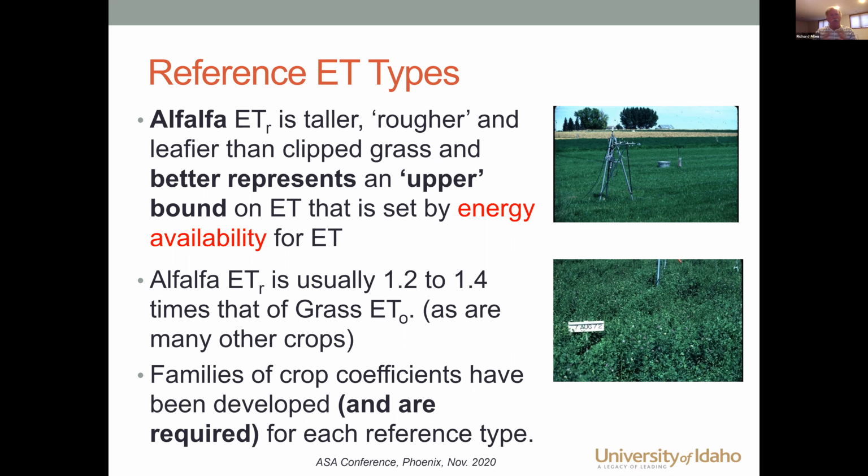Plants cannot just magically push vapor into the atmosphere. It has to be pulled, and there has to be some mechanism inside the leaf to convert the liquid that comes up through the stem into a vapor, and that takes a substantial amount of energy. And so that's why we use the energy approach to estimate ET via the reference ET definition. That tells us what that upper limit might be.